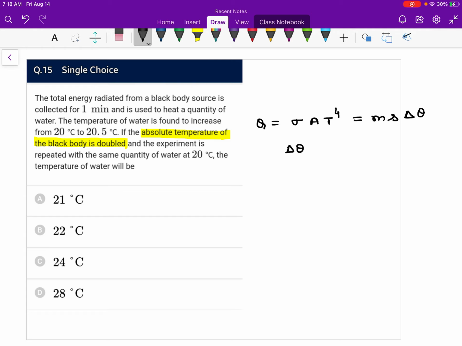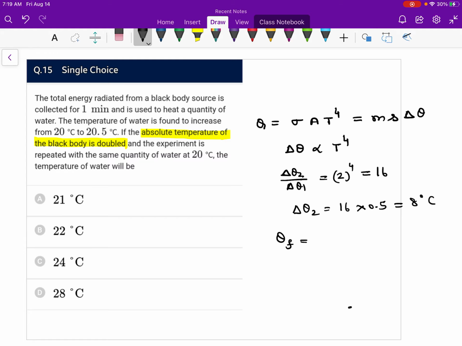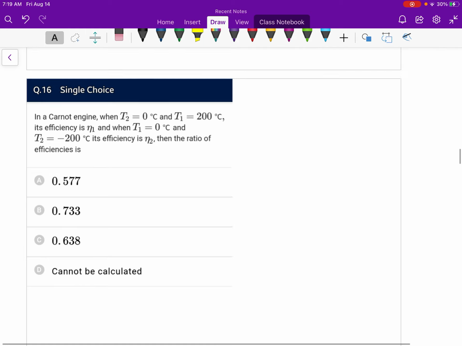So delta theta is proportional to T to the power 4. So delta theta 2 upon delta theta 1 is 2 raised to power 4, which is 16. So delta theta 2 is 16 into 0.5, which is 8 degrees Celsius. So theta final is theta initial, 20 degree plus 8 degree, so 28 degrees Celsius. So D is the correct option.